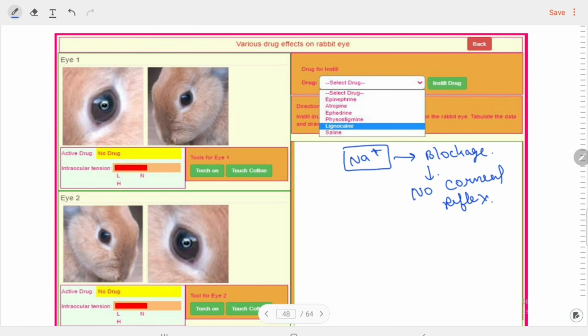There will be no effect on the eye after giving the lignocaine because there is no role of the M3 receptors. There will be no effect on the intraocular tension because lignocaine does not cause activation or inactivation of the alpha and beta receptors, but there will be presence of the light reflex because light will activate the M3 receptors itself, and that will lead to meiosis. It will cause the blockage of the sodium channels that will lead to the absent corneal reflex.